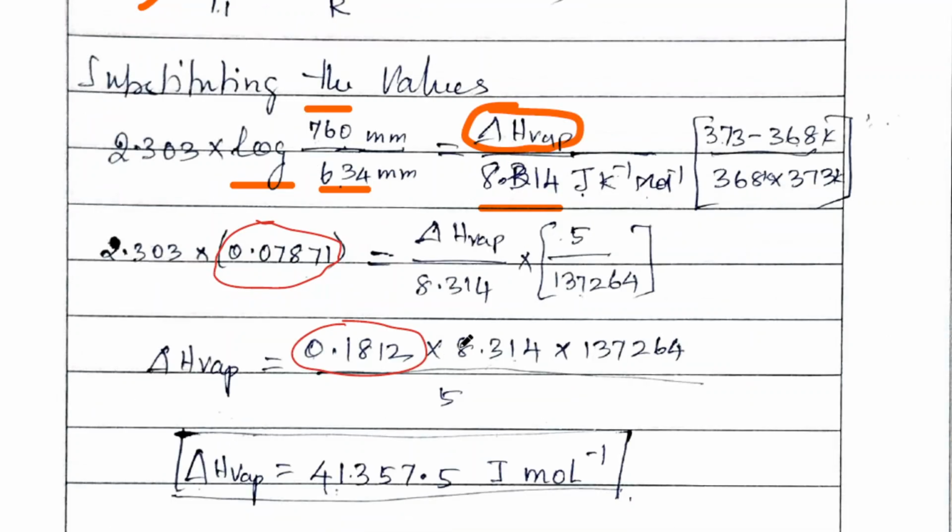When you subtract this you get 5, and when you multiply we get 137264, and we have all of these things here.